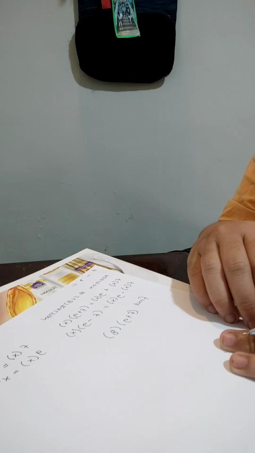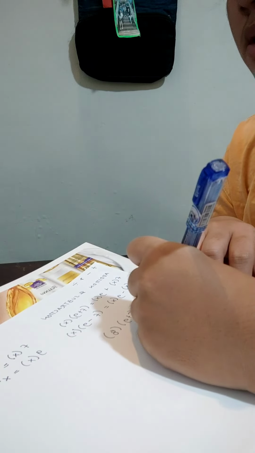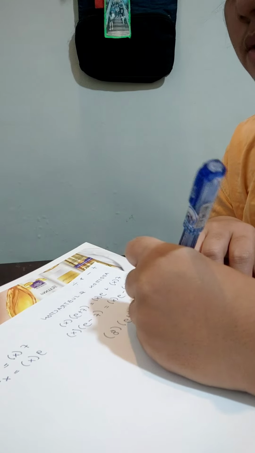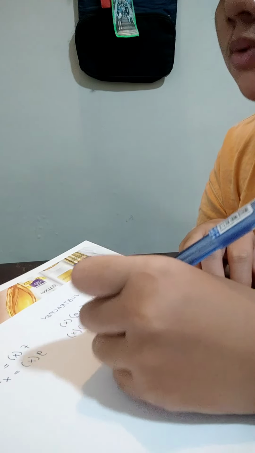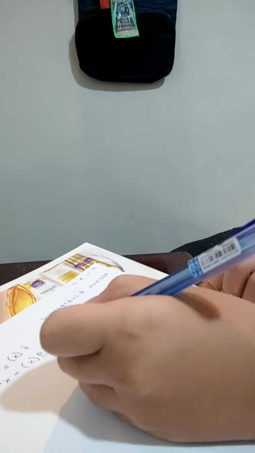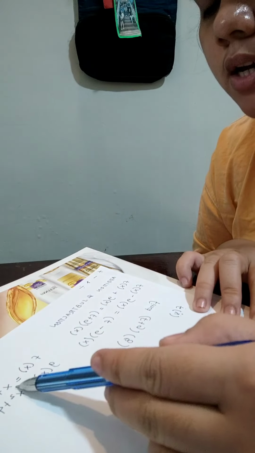Since we are finding f of 8, we substitute 8 into the f function. So f of x is x plus 2, and x is 8, so equals 8 plus 2 equals 10.